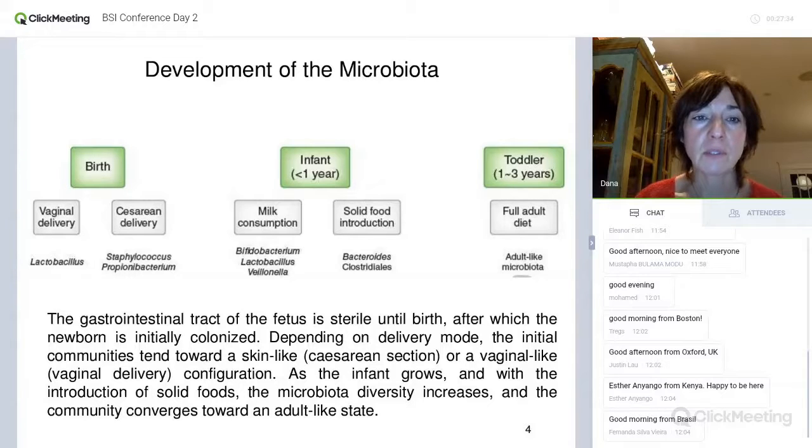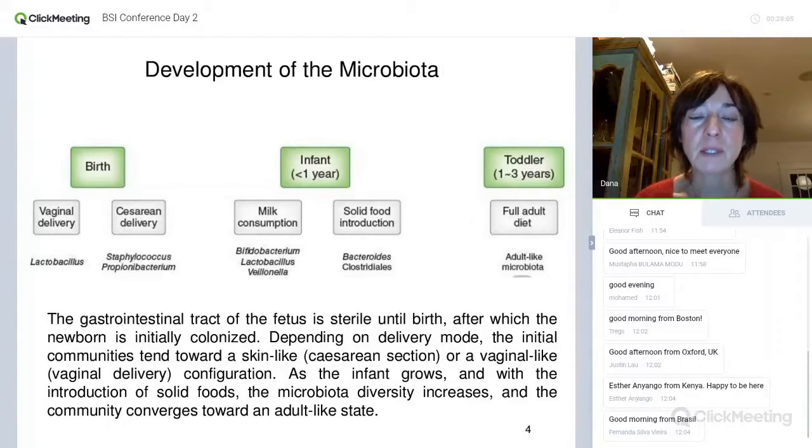As the child grows and changes different types of food, especially with the introduction of solid food, the microbiota starts to diversify, and the relative abundance of different organisms starts to settle down, and the community converges to an adult-like state, probably around about 3 years of age, when the child starts to eat a diet resembling an adult diet.